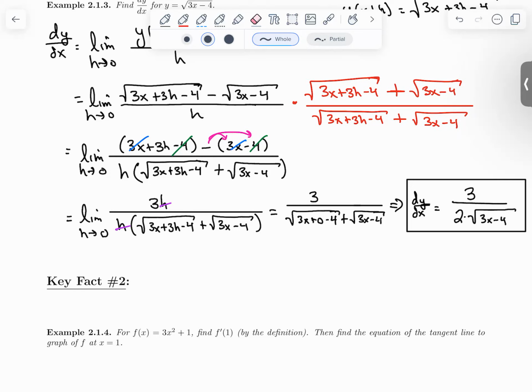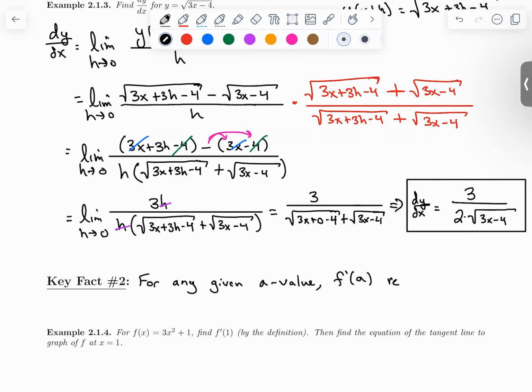Key fact number 2 is that for any given a value, f prime of a represents, or more aptly, it is the slope of the line tangent to f at x equals a.